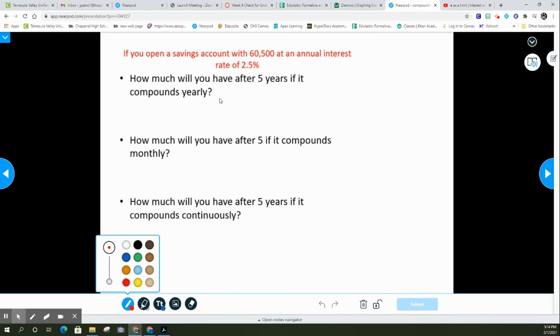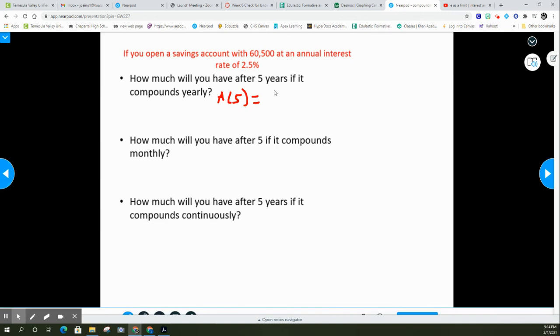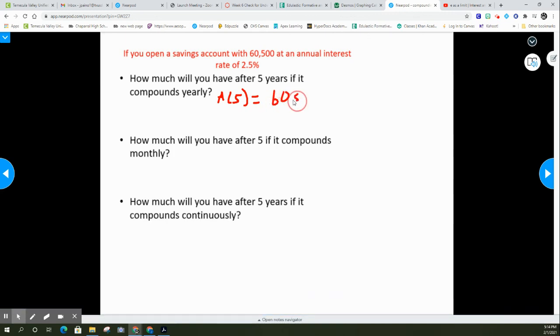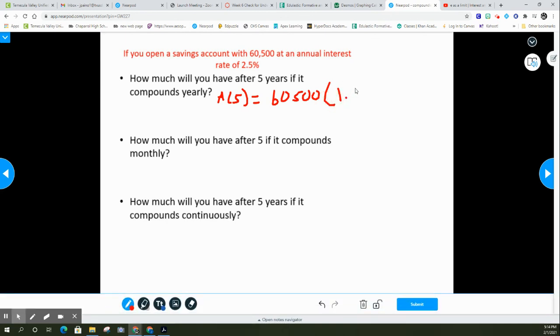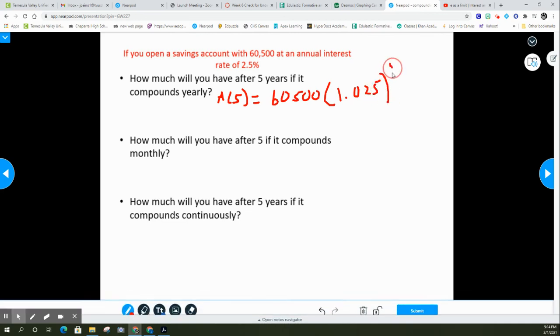If it's compounded annually, once a year, that's the first one that we talked about a couple weeks ago. So our principal amount, 60,500, times 1 plus r, so 1 plus 2.5%, so 1.025 raised to the 5th power.